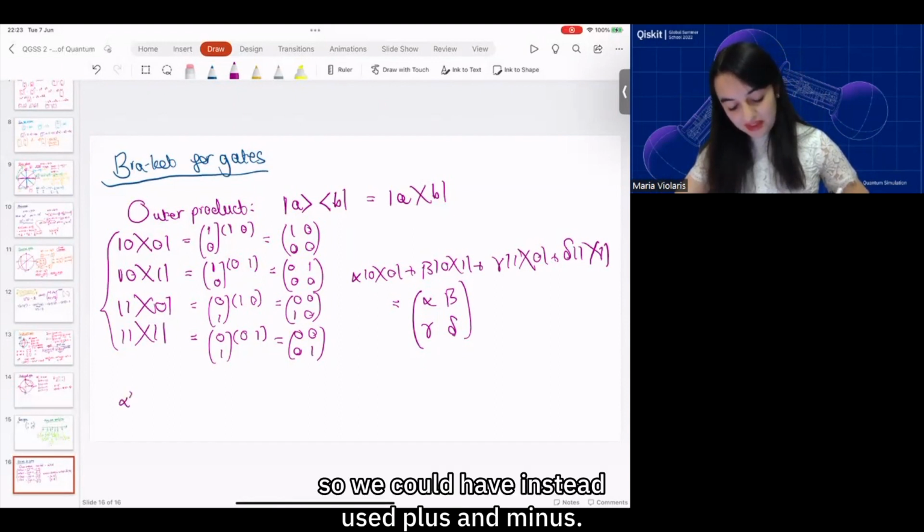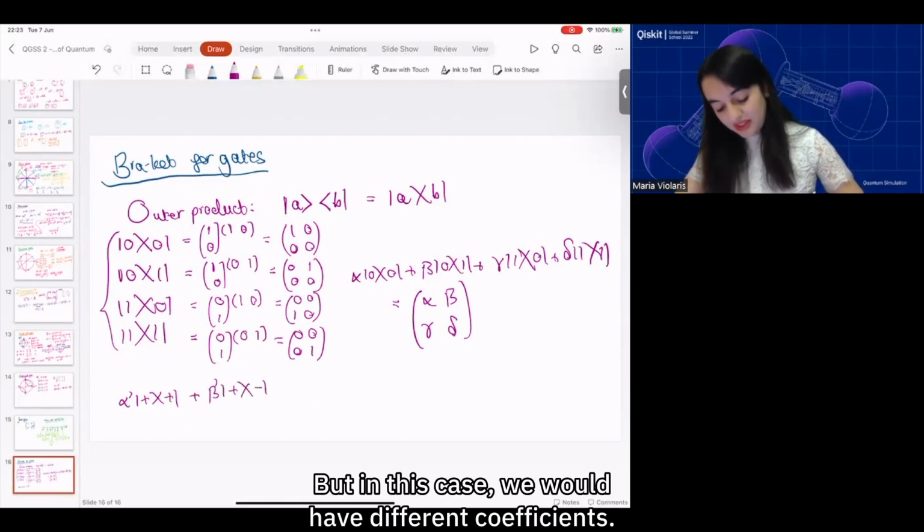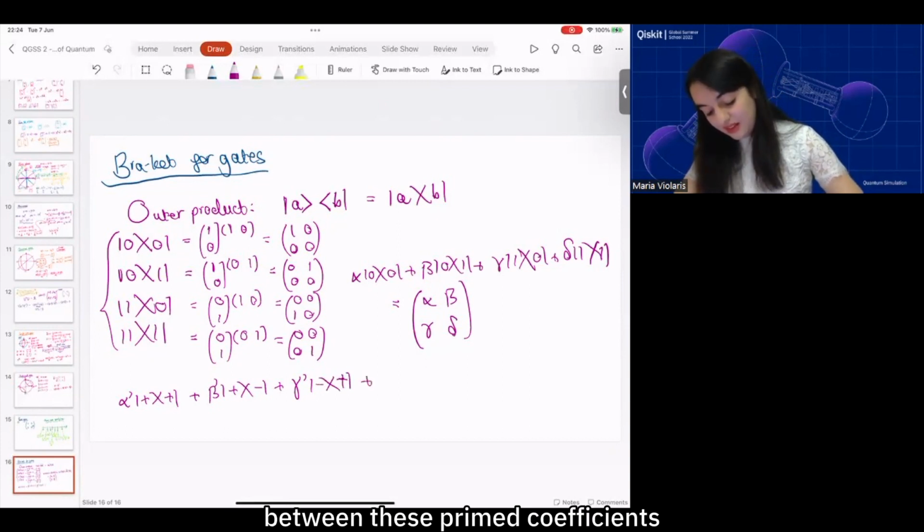We could have instead used plus and minus, but in this case we would have different coefficients. You can work out what the relationship between these primed coefficients and the ones in the 0, 1 basis are.